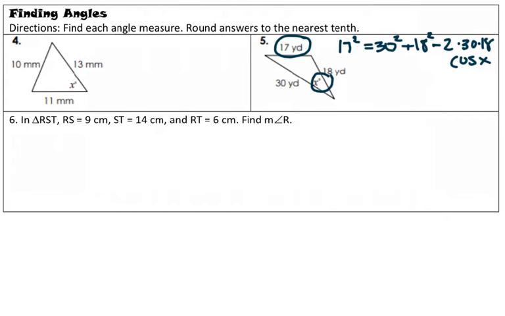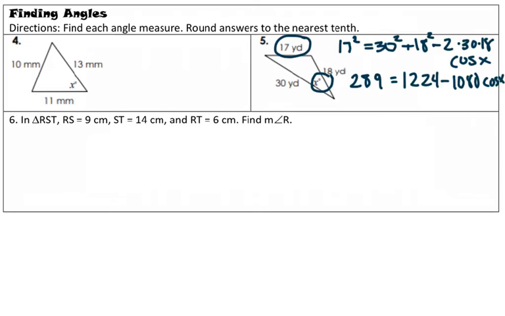Now I'm going to go ahead and simplify all the numbers. 17 squared is 289. 30 squared plus 18 squared is 1,224. And 2 times 30 times 18 is 1,080. And then you have the cosine x.